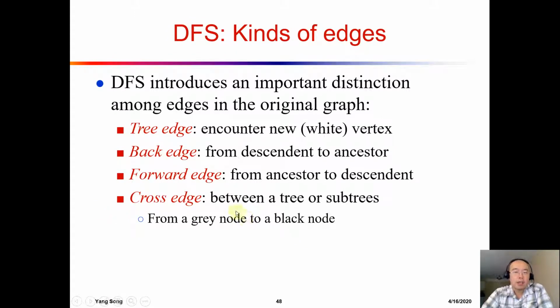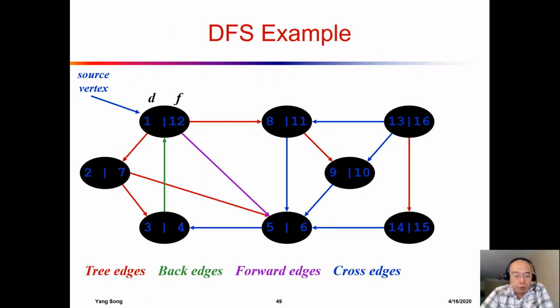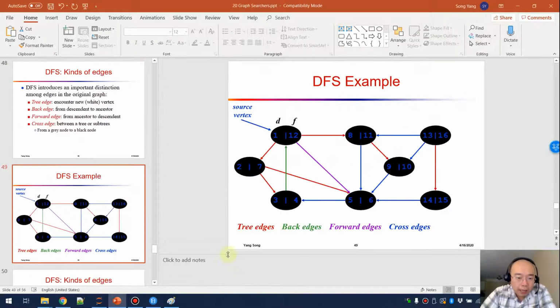Cross edges are the edges from a tree to another tree, or a subtree to another subtree, or a tree to another subtree of a tree. Okay, so those are all the possible cross edges. Let me give you a few examples. Let me go back and show you this.